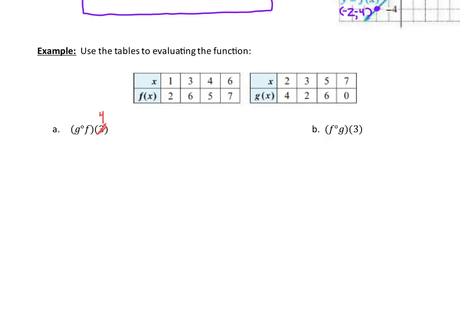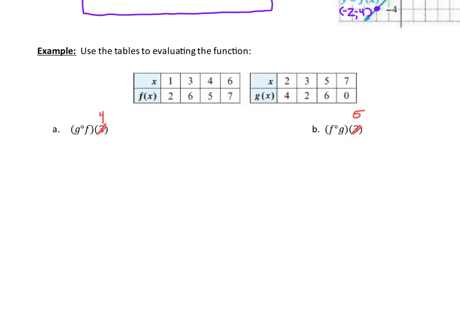And then for the second one, I want to do f of g of 5. I did not catch this before I created the video.